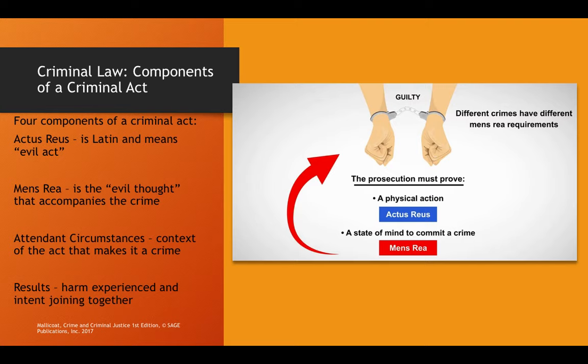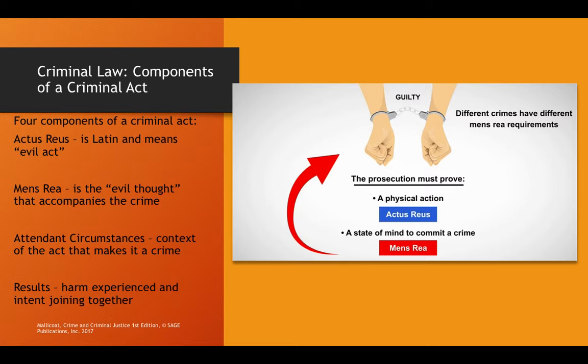So in a criminal case, look here. The prosecutor must prove that, yes, there was physical action, right? Let's say somebody gets punched, but the state of mind was that it was the intention of the individual to punch the other person, right?